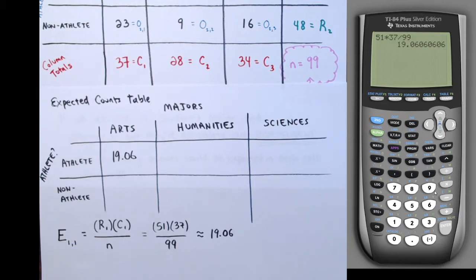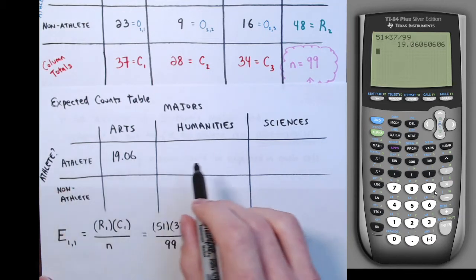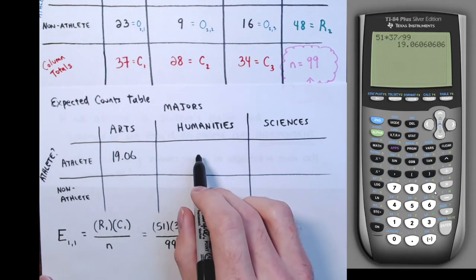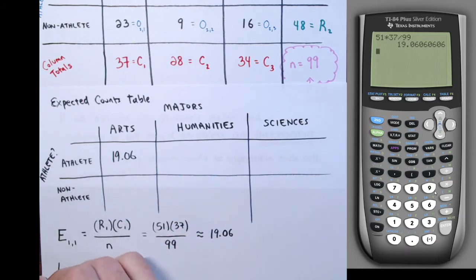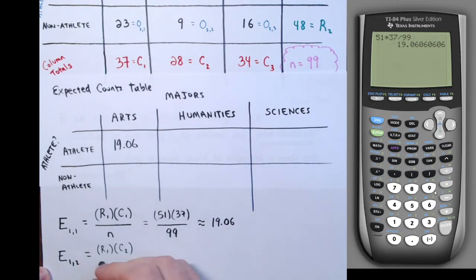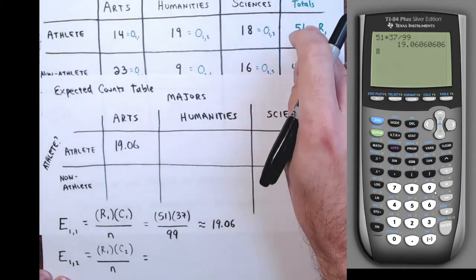Okay, and then let's do the same thing for the humanities and the athletes. How many students would you expect out of the 99 to major in humanities and be athletes? So that's first row, second column, so E1,2. And again, you take that row's total and that column's total from your observed table, and divide by the sample size. So again, 51 for the row total.